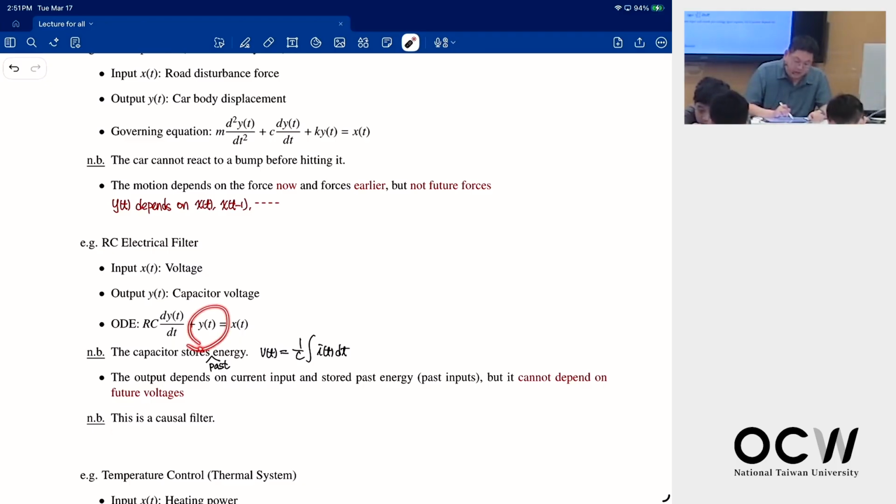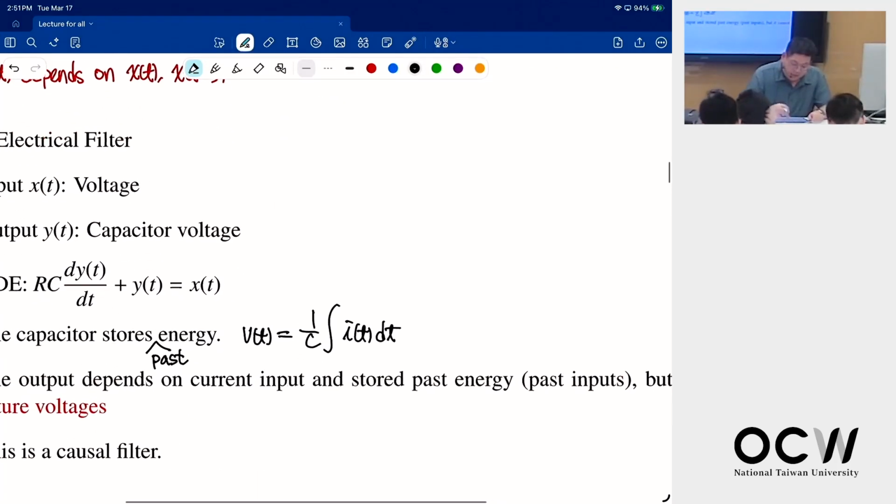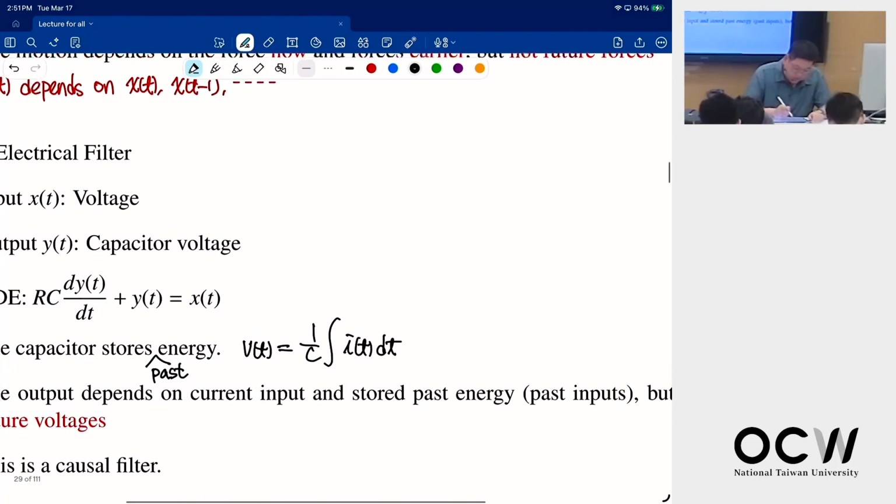You can also check, if you really solve this ordinary differential equation, then you will get the solution of y.